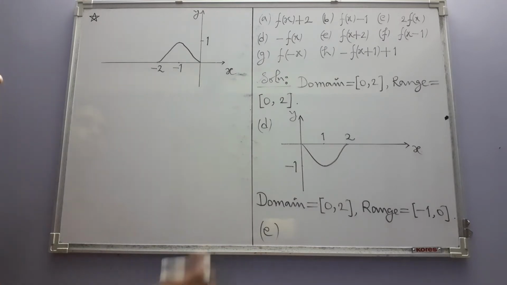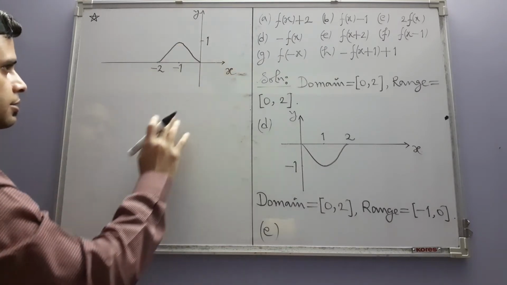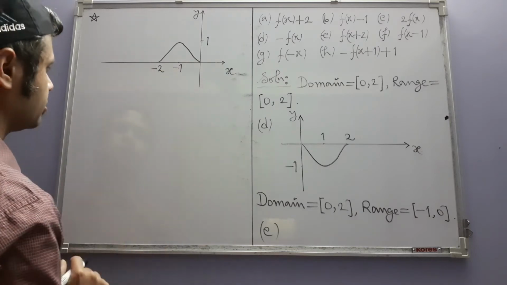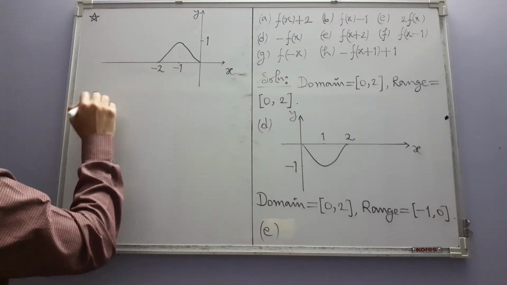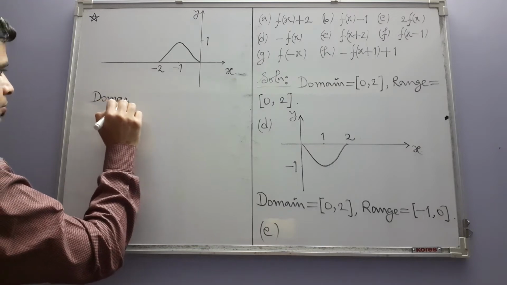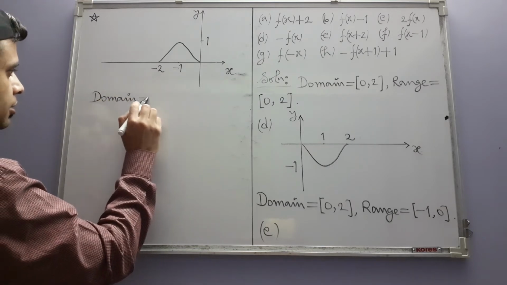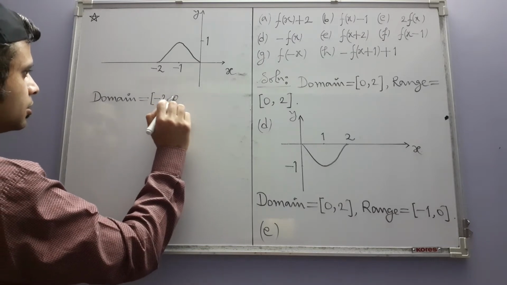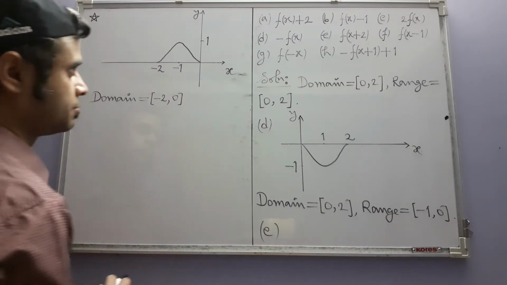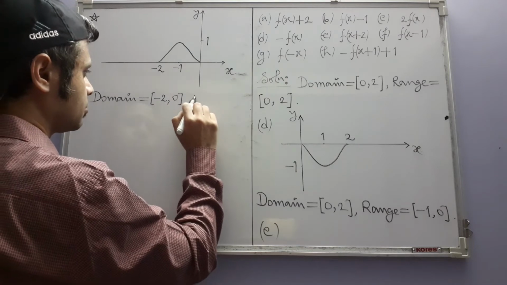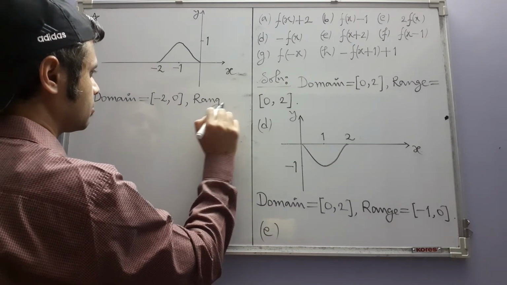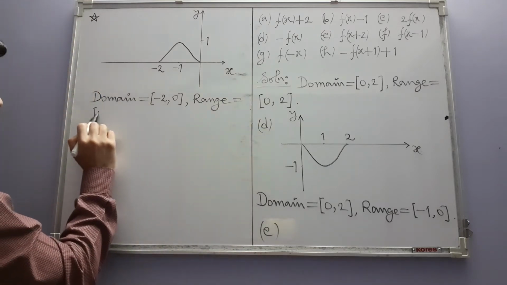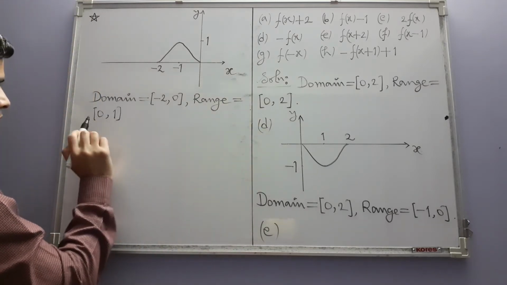So you can see that the range has not changed, it is still the closed interval 0, 1, but the domain has changed. Now the domain is -2, 0. And the range is still 0, 1.